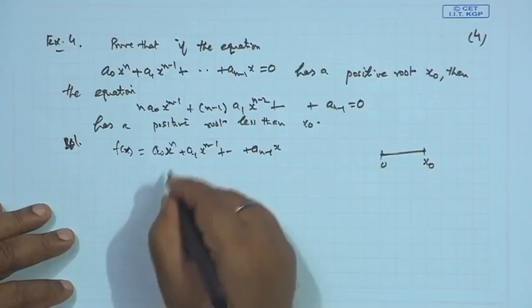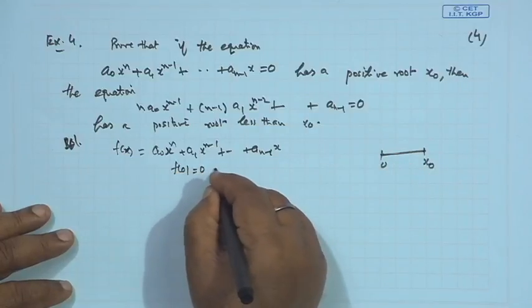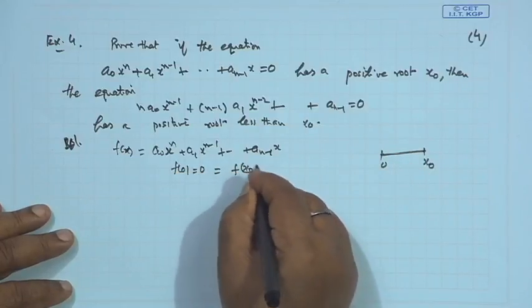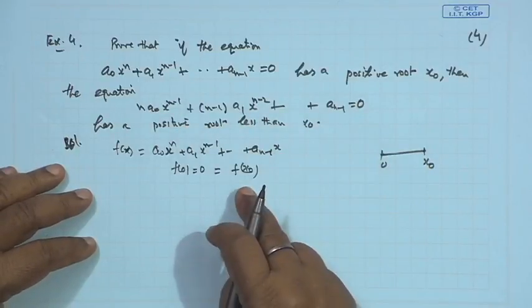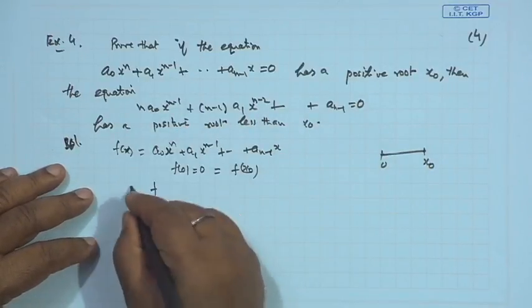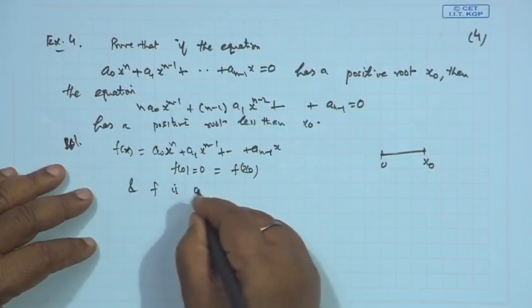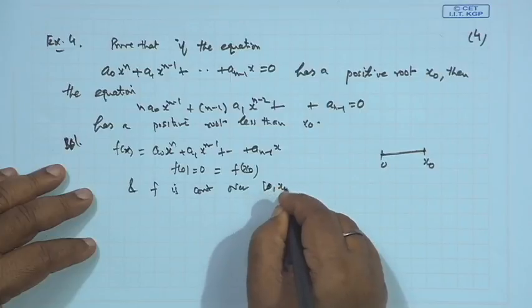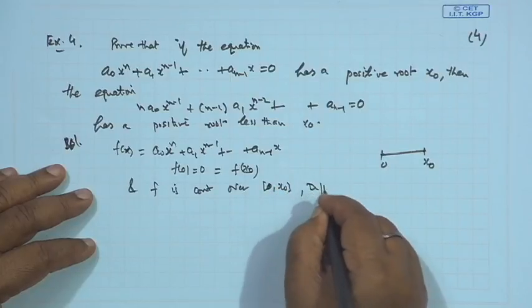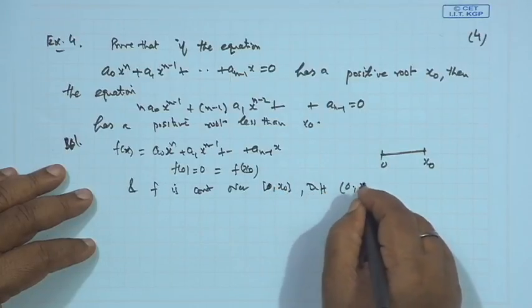Then at the point 0 it is 0. At the point x naught it is also 0 because x naught is a root of this equation. So, the function is continuous over the interval 0 to x naught, and differentiable on the open interval 0 to x naught.